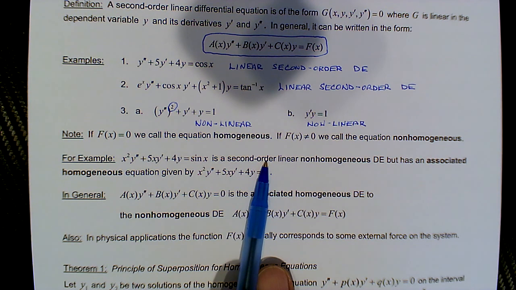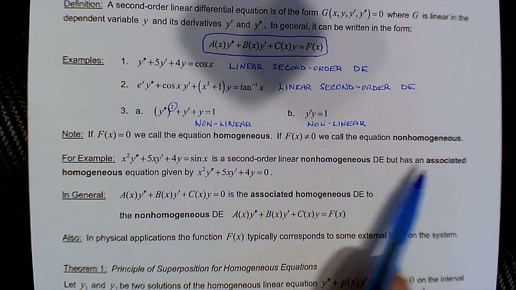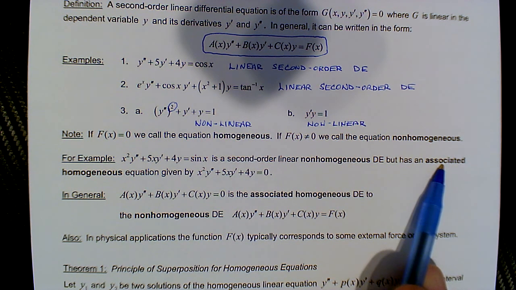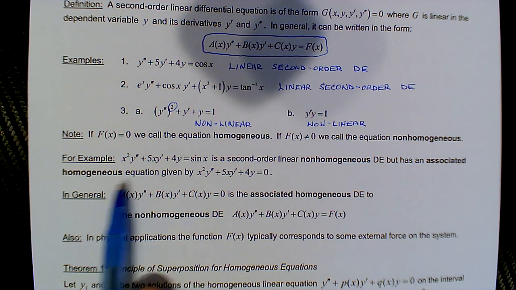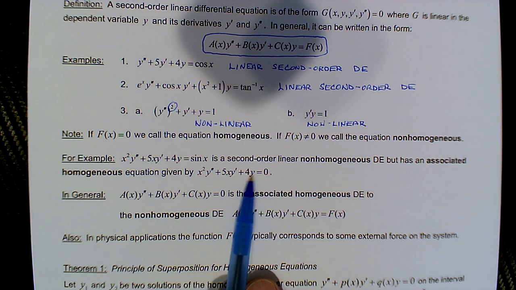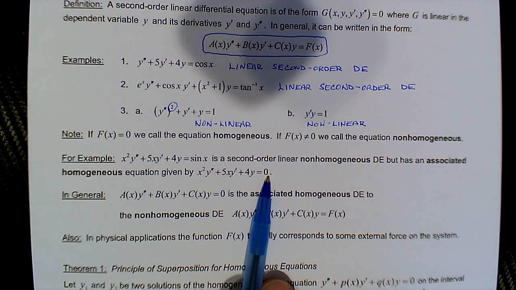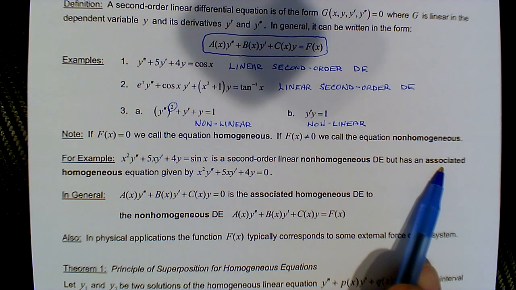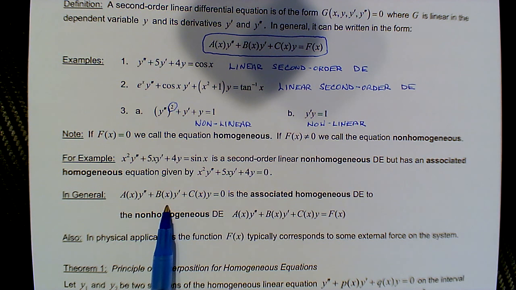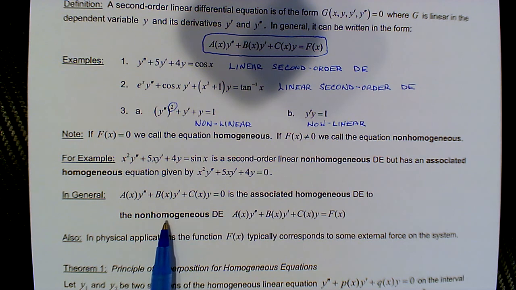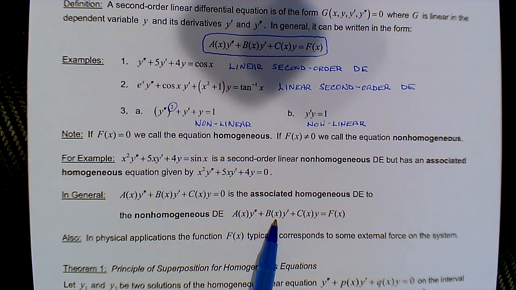It's second order and non-homogeneous, but any non-homogeneous has what we call an associated homogeneous, where we take the left-hand side in standard form and set it equal to 0 to force it to be a homogeneous. So it's what we call, again, the associated homogeneous. So in general, this is a form for the associated homogeneous differential equation to the given non-homogeneous differential equation.